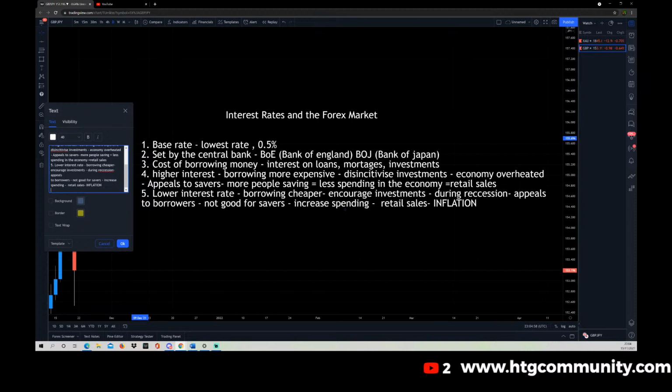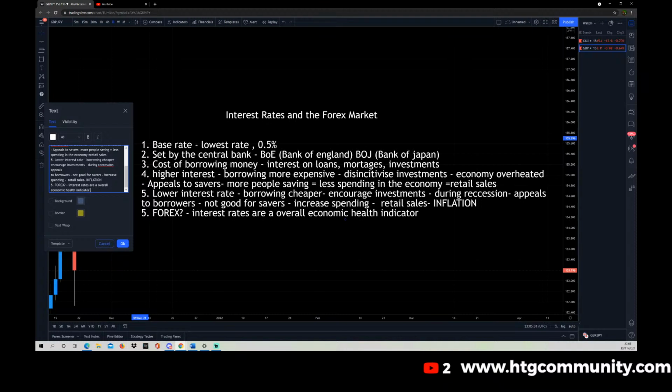So how does this tie in to the forex market, right? Well, when it comes to forex, okay, so let's just go back. How does this tie into forex? Well, of course, like I mentioned, interest rates are an overall economic health indicator, right?